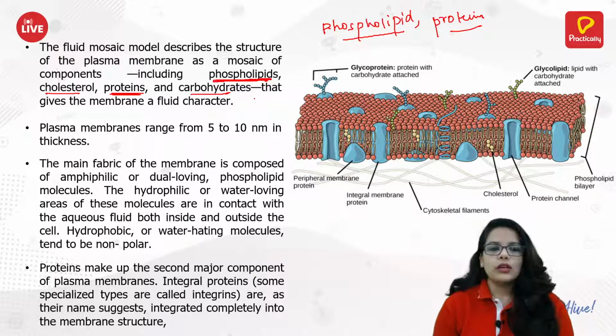Now, the first thing you have to know is that the plasma membrane is quite thin, around 5 to 10 nanometers in thickness. The main fabric, the phospholipid, is dual in nature.